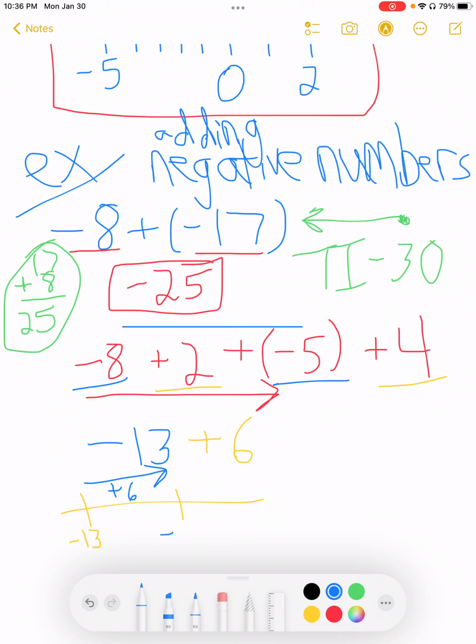So I'd be at minus 7 as my final destination. Okay, minus 7.